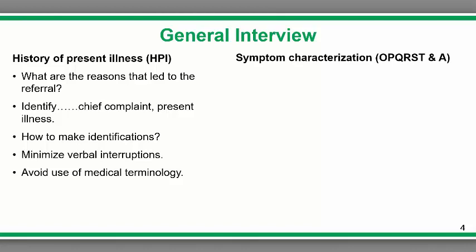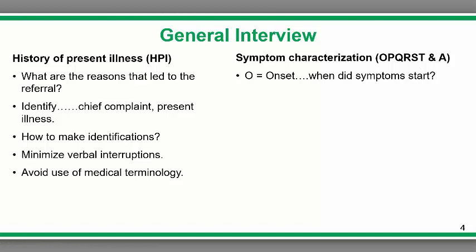One approach to characterizing symptoms is defined by a technique just simply referred to as OPQRST and A, as a handy way for the clinical exercise physiologist to work through a methodical way of tracking these symptoms.